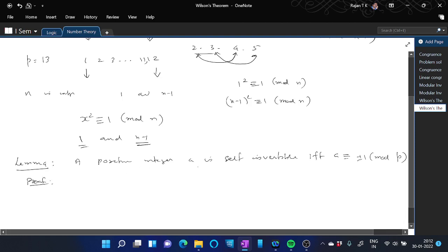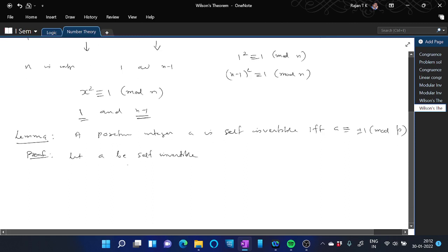First assume that a is self-invertible. Let a be self-invertible. Then we have a square congruent to 1 mod p. That is, p divides a square minus 1, which implies p divides a minus 1 into a plus 1.